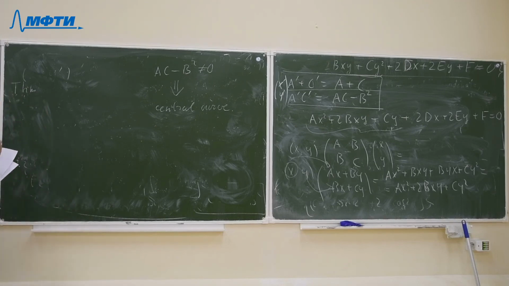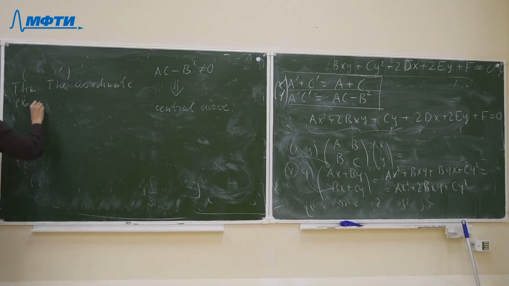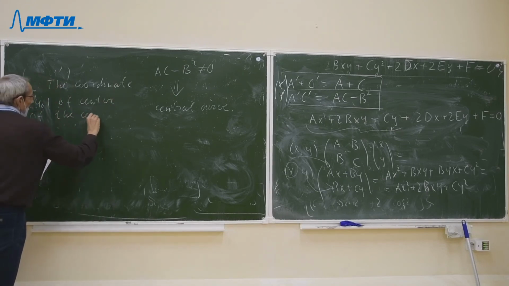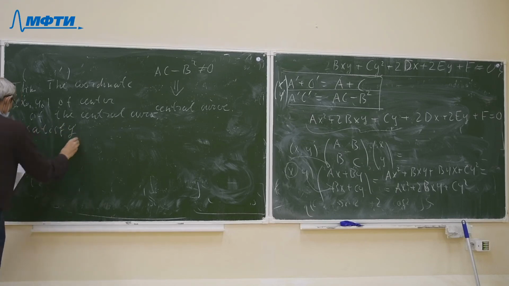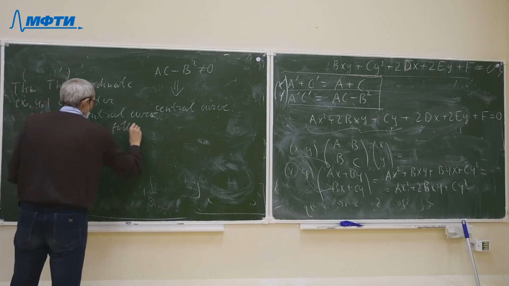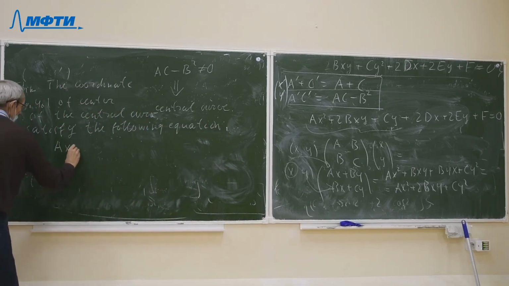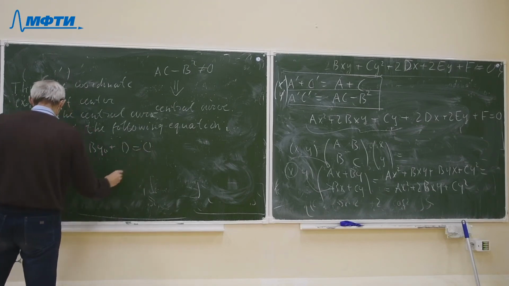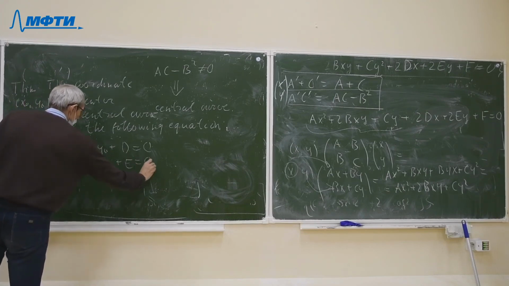How to calculate the coordinates of the center of the curve of the second order. The theorem: the coordinates x0, y0 of the center of the central curve satisfy the following equations: a x0 plus b y0 plus d is equal to 0, b x0 plus c y0 plus e is equal to 0.